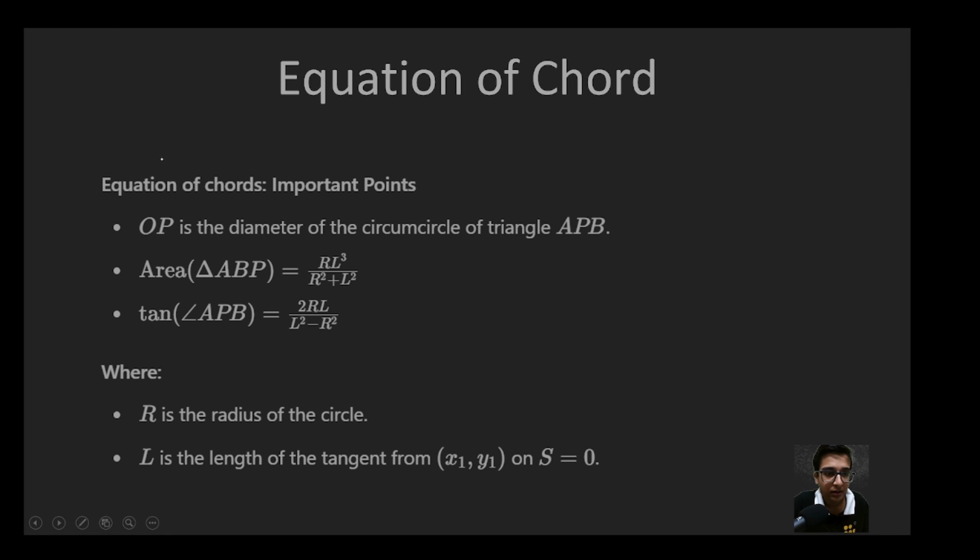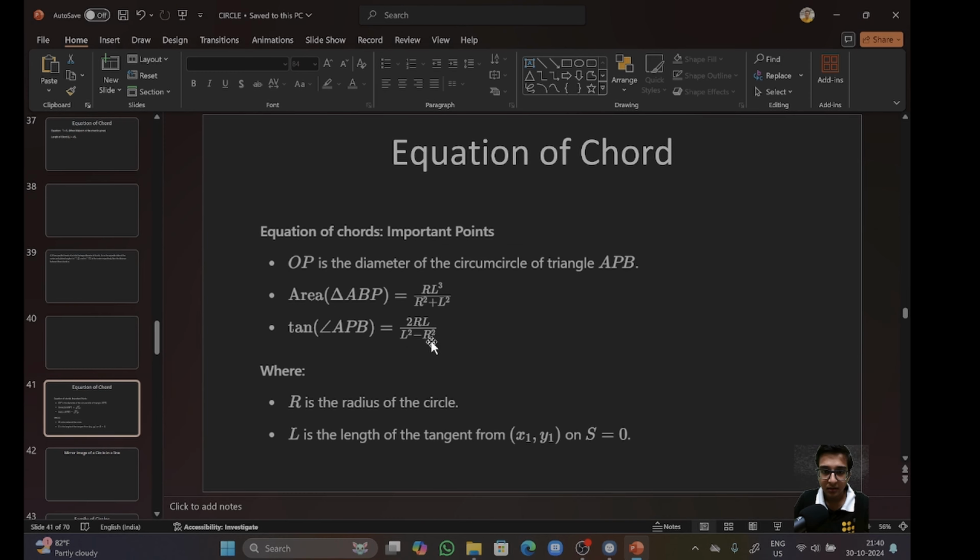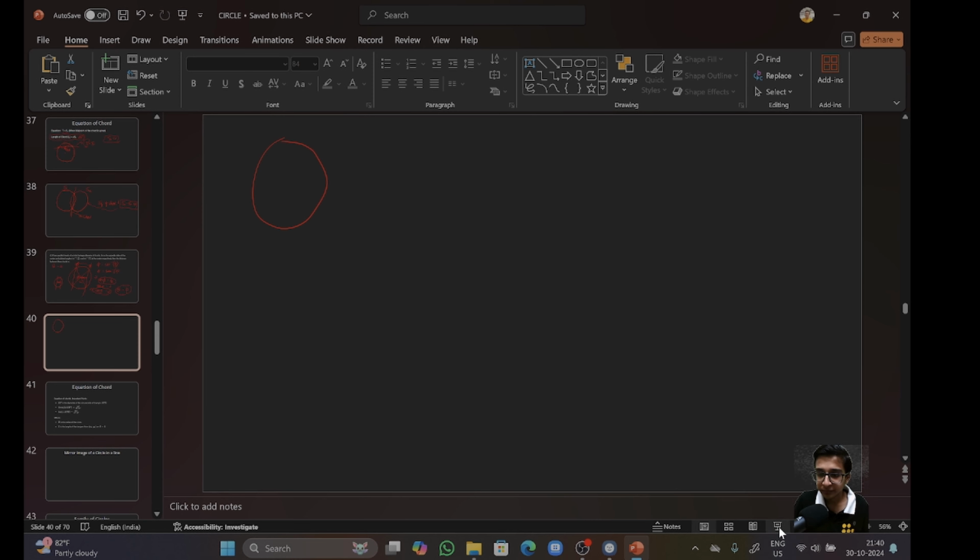So this is my circle, this is my center, and this is the angle that it is subtending. So if I drop a perpendicular here, this length here is my radius, which is 2.